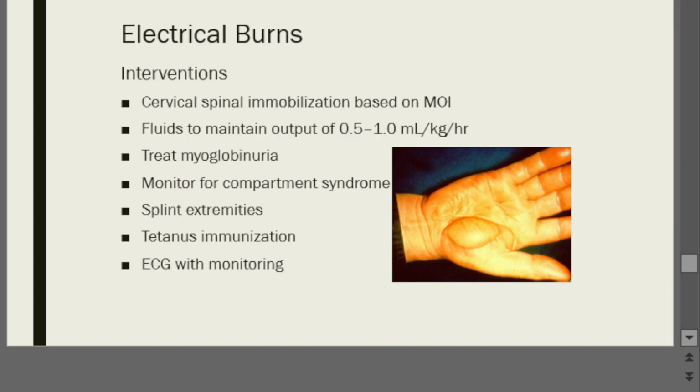We want to take a look at their urine, right? And if it's kind of that dark red or brown, then we'll consider that. We might need to splint extremities. These patients are also going to get a tetanus immunization, and they will need an ECG with continuous monitoring.